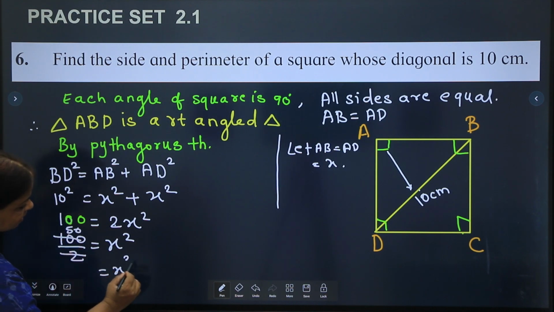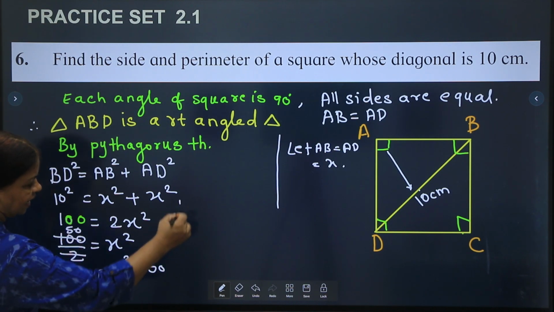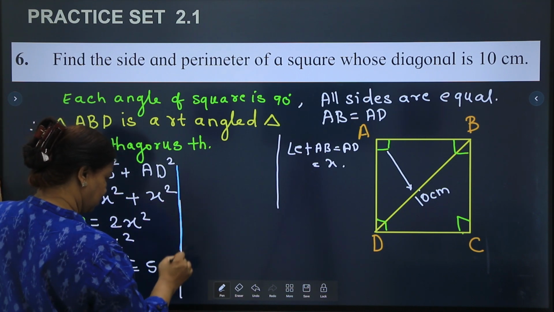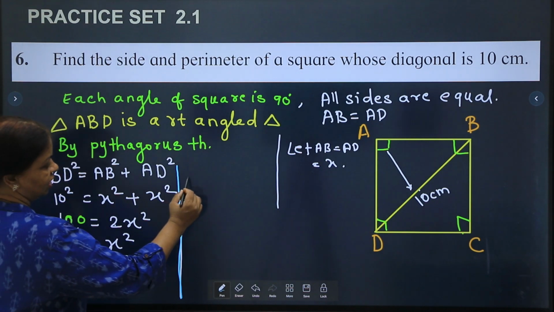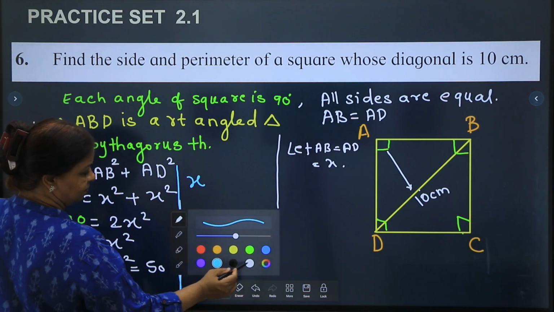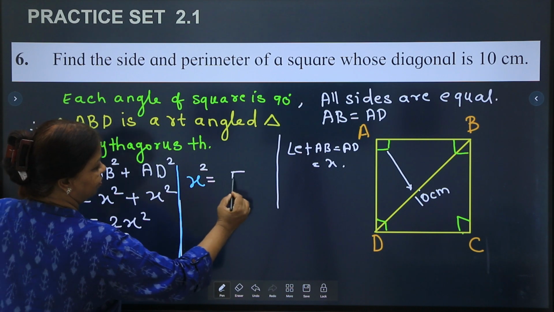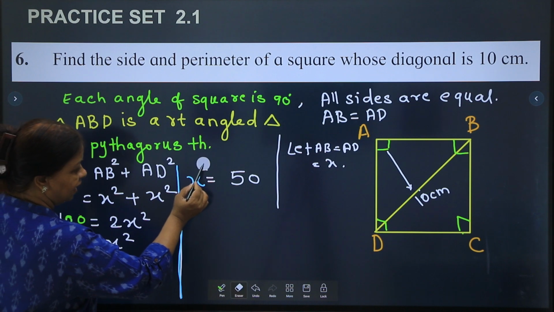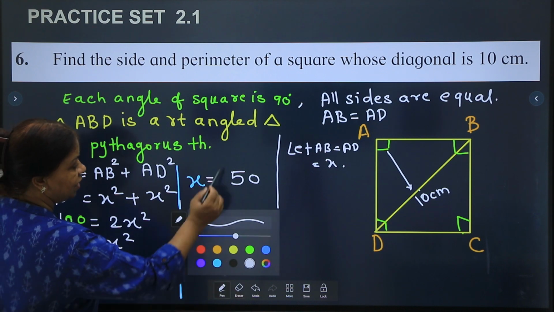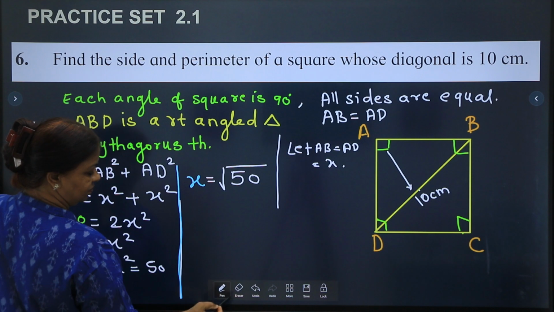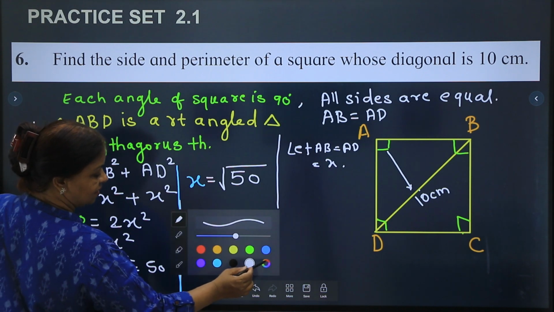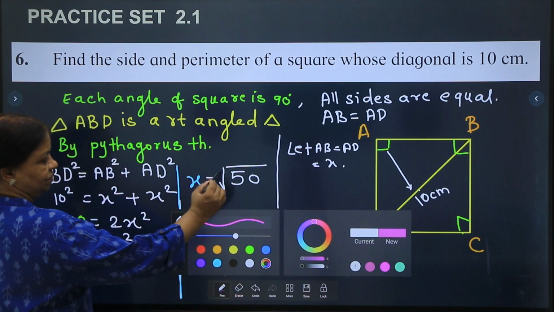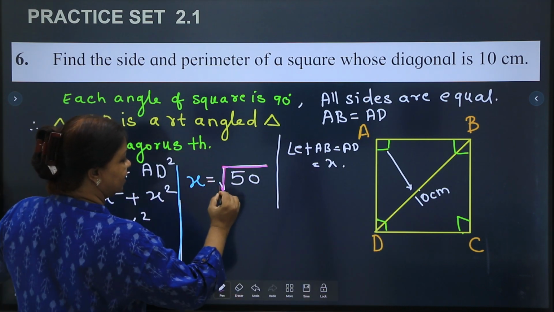So x square is equal to 50, and you know children, square can be removed, and when I remove square, what I need to place? Square root. I need to place square root on the other side.